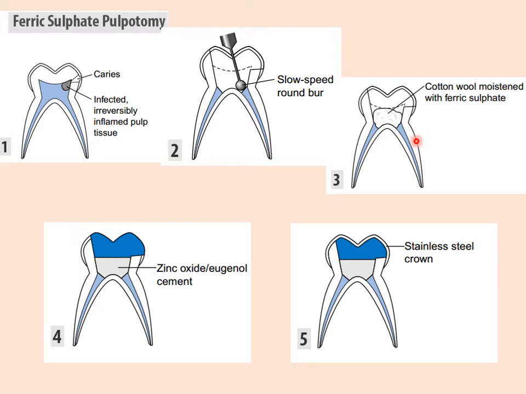After 15 seconds, you will notice that the pulp tissue has turned brownish black or brown, and then zinc oxide eugenol or reinforced zinc oxide eugenol cement can be used, on top of which a stainless steel crown can be placed.